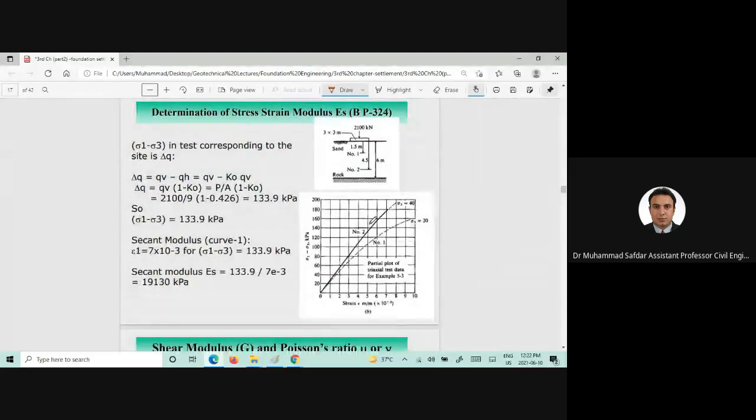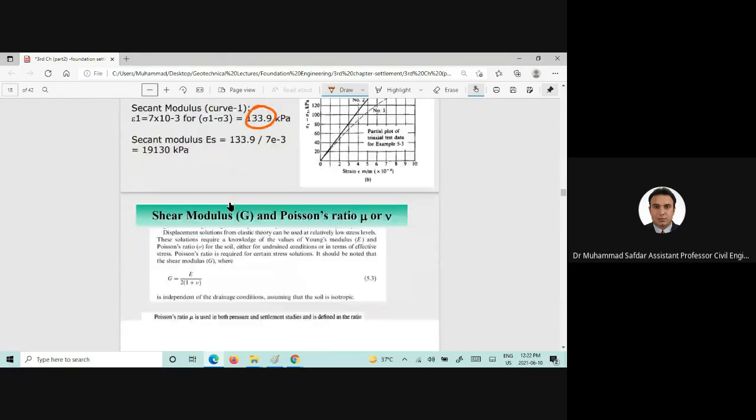Then we can find out the secant modulus from these two curves, and delta Q is the deviator stress which we obtain from the triaxial test.